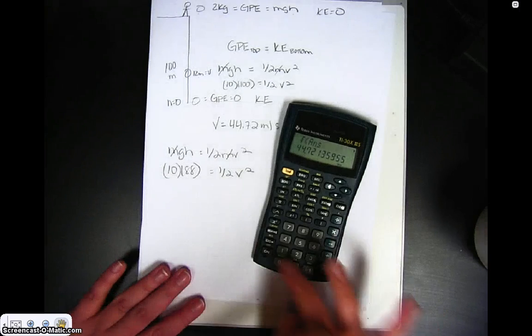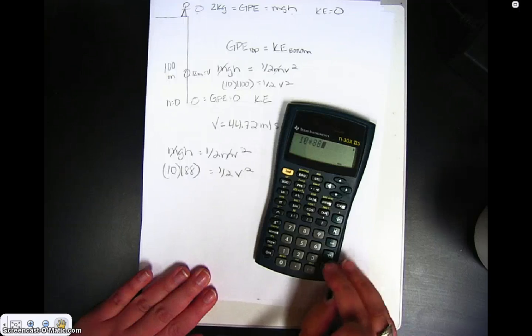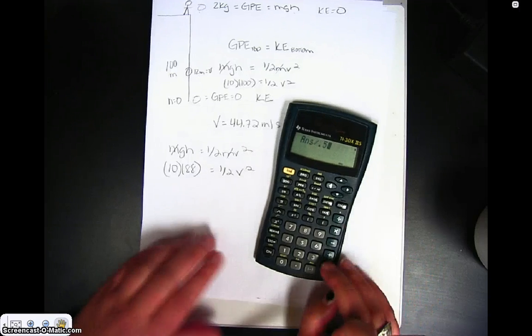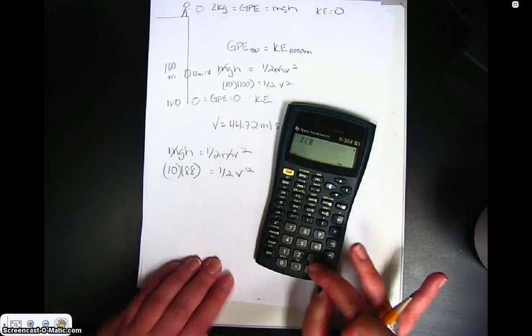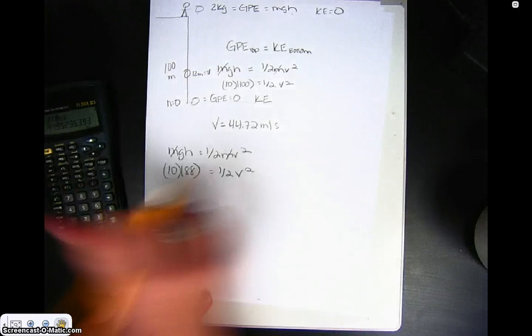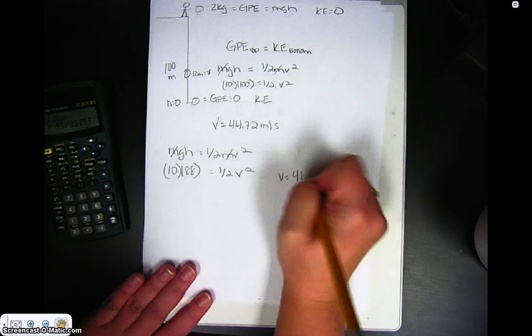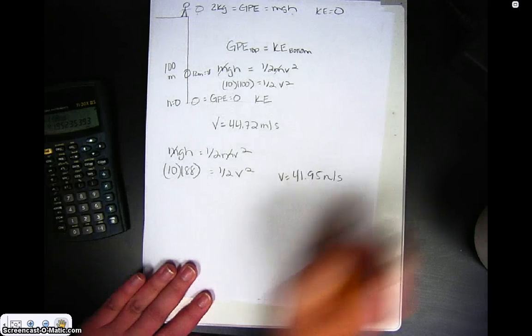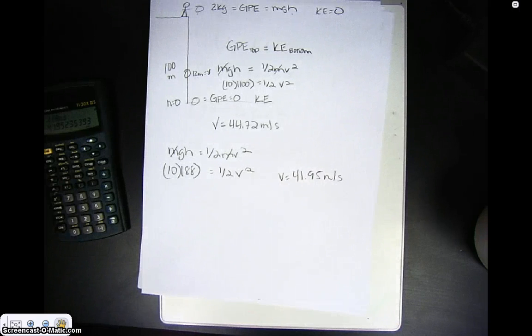So 10 times 88 divided by 0.5, and then take the square root. Now we know that at that position it's going 41.95 meters per second. Okay, so it makes it very easy to use conservation of energy now for these dropping problems versus our constant acceleration equations.